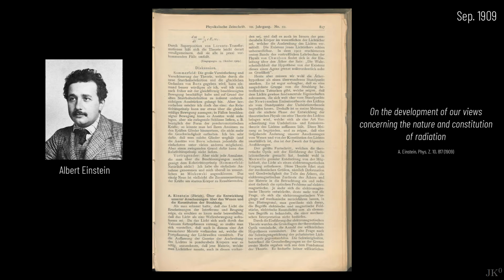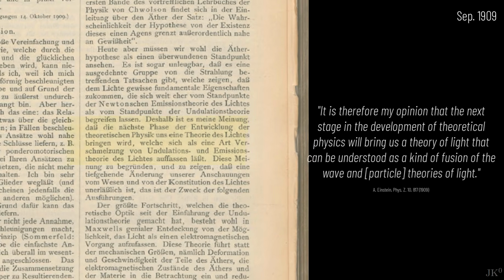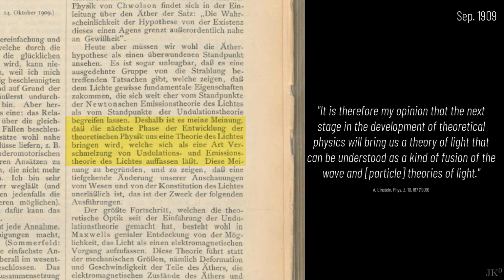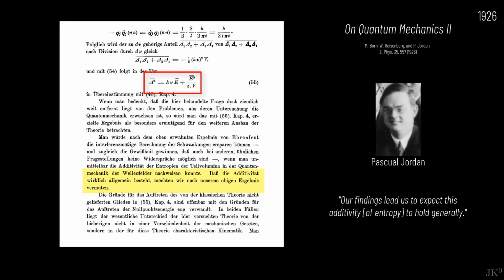During his Salzburg lecture, Einstein said the following: "It is therefore my opinion that the next stage in the development of theoretical physics will bring us a theory of light that can be understood as a kind of fusion of the wave and particle theories of light." Jordan showed that the wave-particle duality was here to stay, and the new theory of quantum mechanics proved Einstein right.